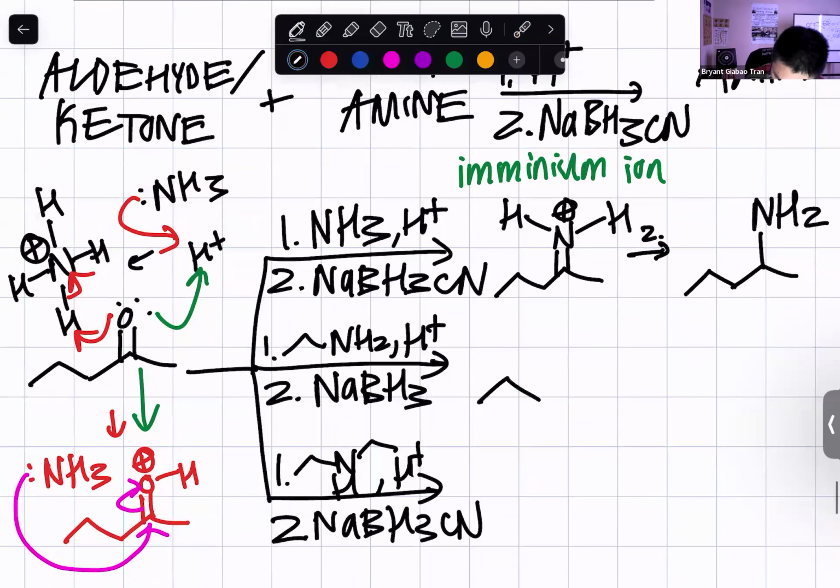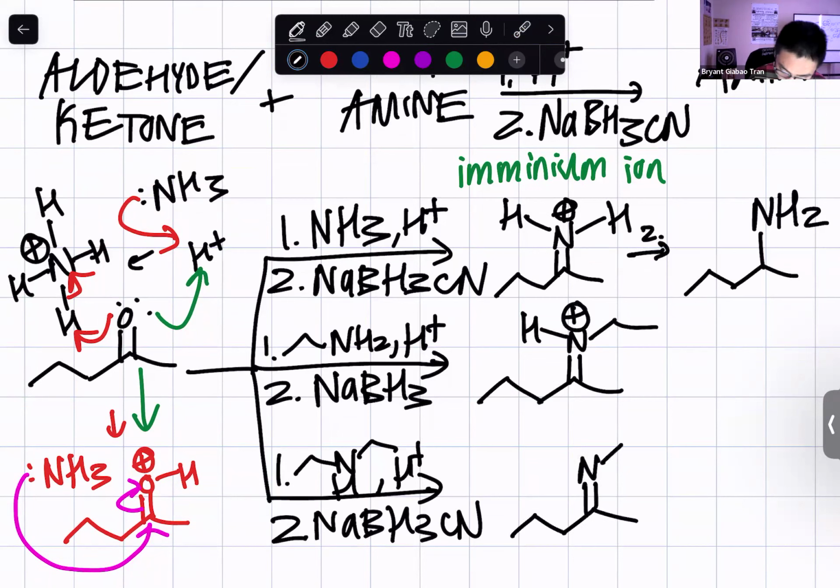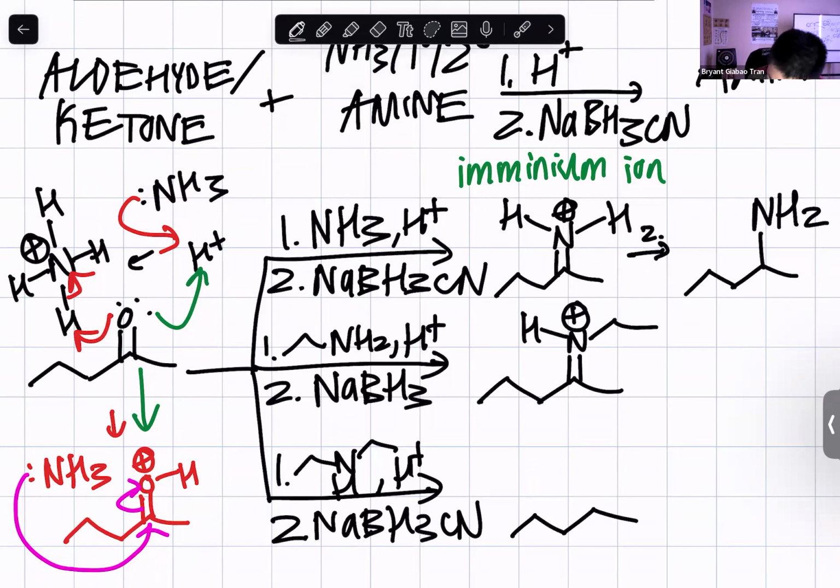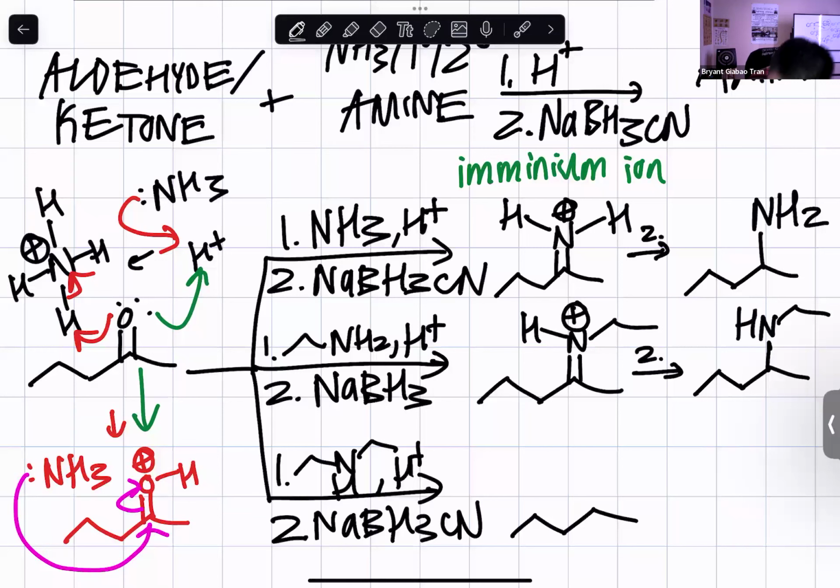So using a primary amine, we're going to do the same thing. Substitute the carbonyl with the amine minus one hydrogen, which is going to give us these iminium ions. And then when we do NaBH3CN, we're going to reduce that iminium ion into this neutral amine here.